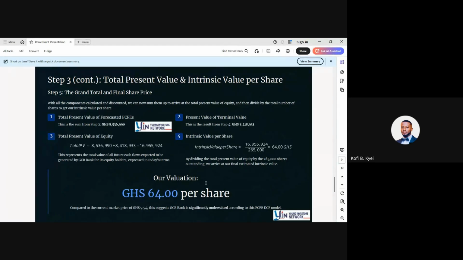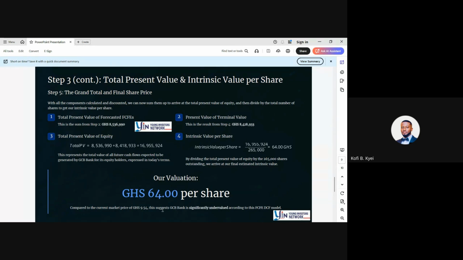So our valuation of 64 cedis per share, compared to the current price of 9 cedi 54, suggests GCB is significantly undervalued according to this FCFE-DCF model. So you see the conclusion, read it carefully. Sometimes when you're going through this valuation, it's very funny.